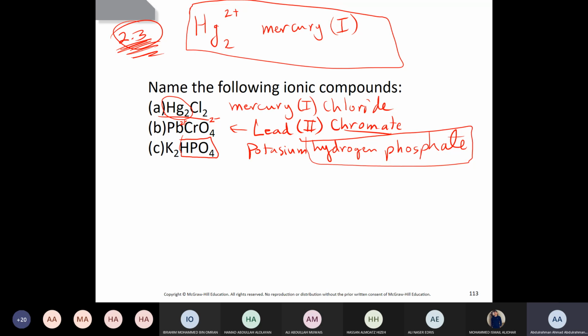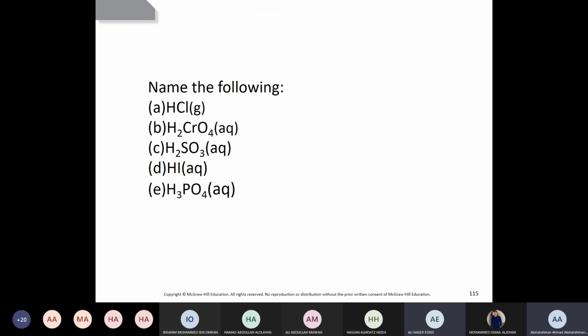And the charge in it is -2. That's why it takes 2 potassium. I hope this is also clear. Doctor, in this case, we can't say it is acid, right? No, it's not acid. This is a salt, actually.